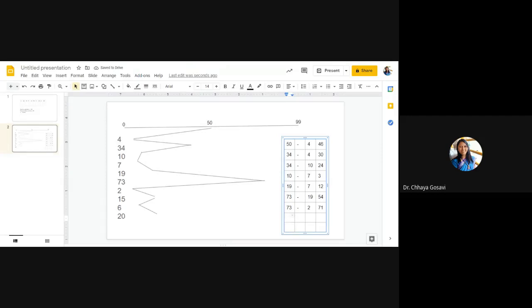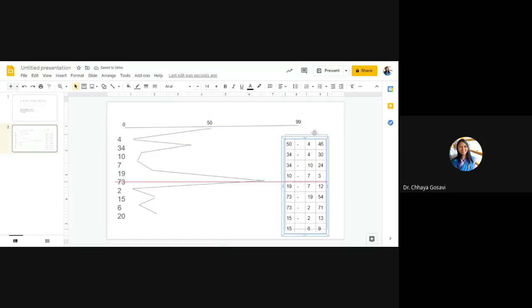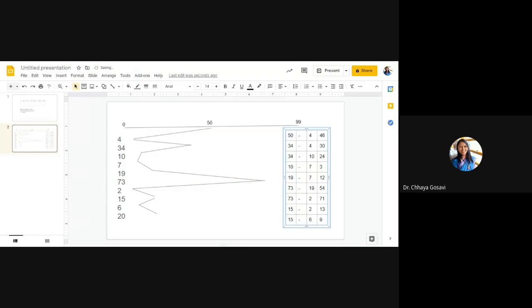Then 15 minus 2 is 13. 15 minus 6, 9. And 20 minus 6, 14.